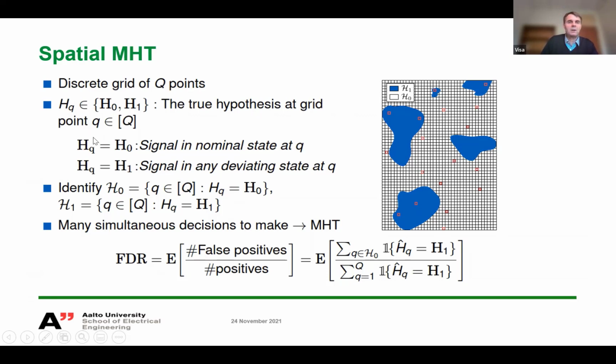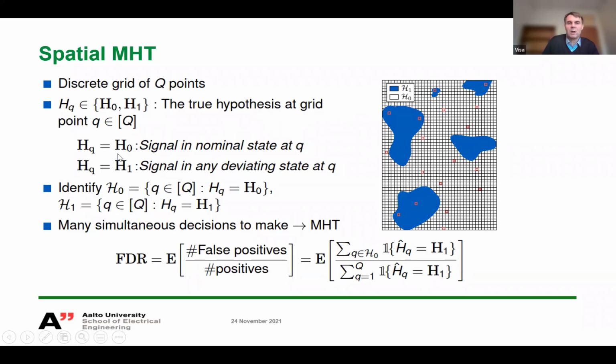And then we have a null hypothesis where we think that the signals are in a nominal state. That null hypothesis can be different at each sensor location, because the phenomena may be different and the sensors may be heterogeneous, so we don't assume that there would be a single null hypothesis in every place. In fact, what we do is learn the distribution under the null at each sensor.